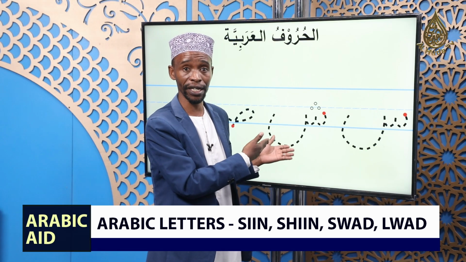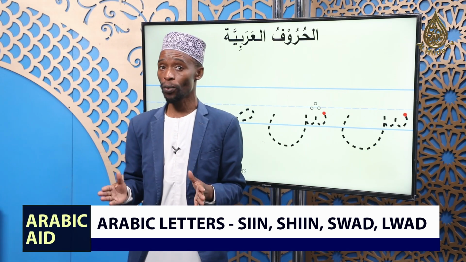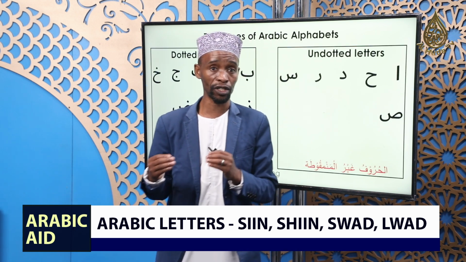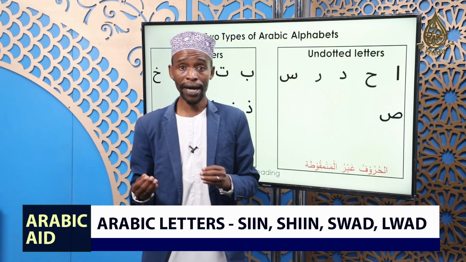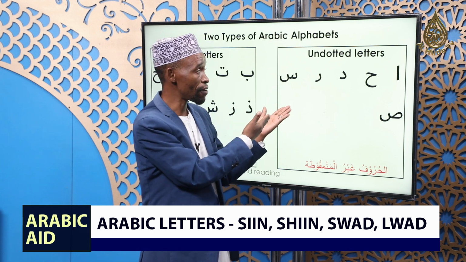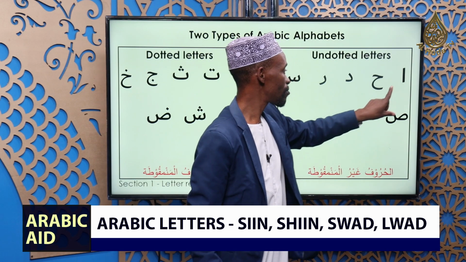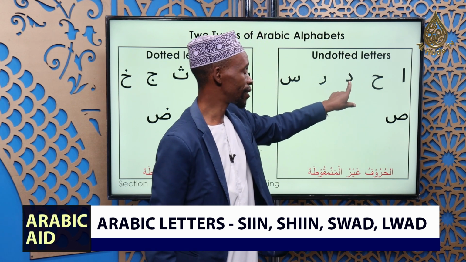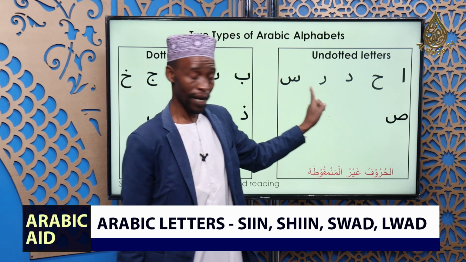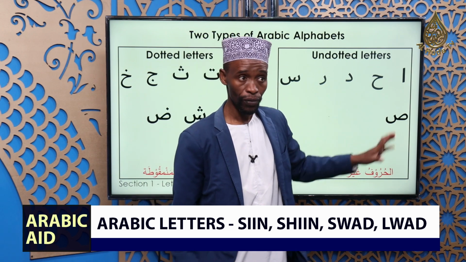On the screen is a table showing the category of each letter we have done so far. On the undotted side, we have alif, ha, dal, ra, sin, and swad.